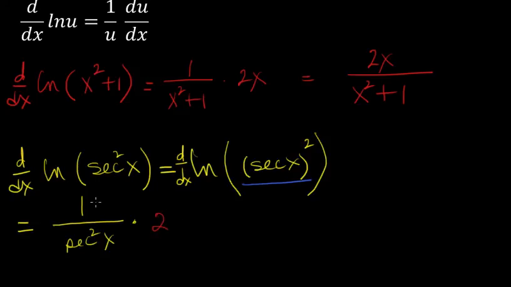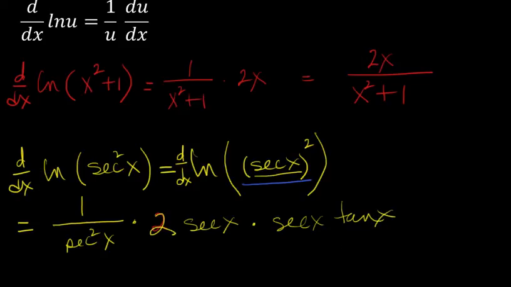So it's 2 secant x to the 1 times, and now the derivative of the inside function, the derivative of secant, is secant x tan x.